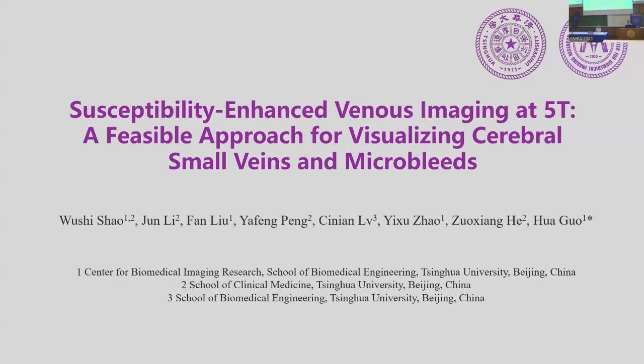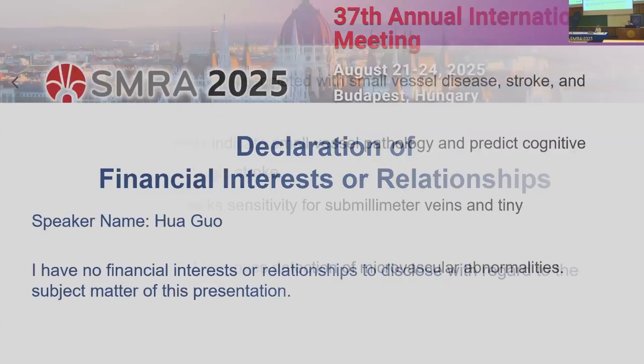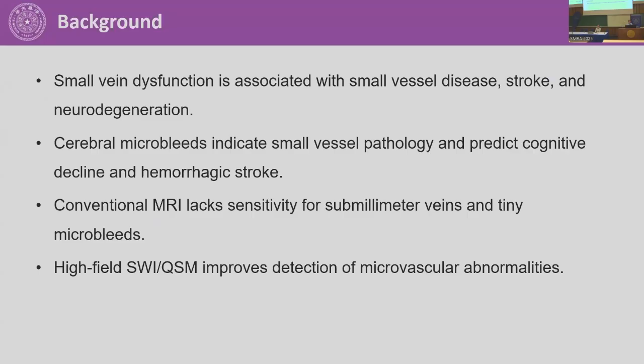All right, thank you. So this study is part of our Parkinson's disease study on 5T. So we all know conventional MRI at 3T may have a low sensitivity for sub-millimeter veins and small microbleeds.